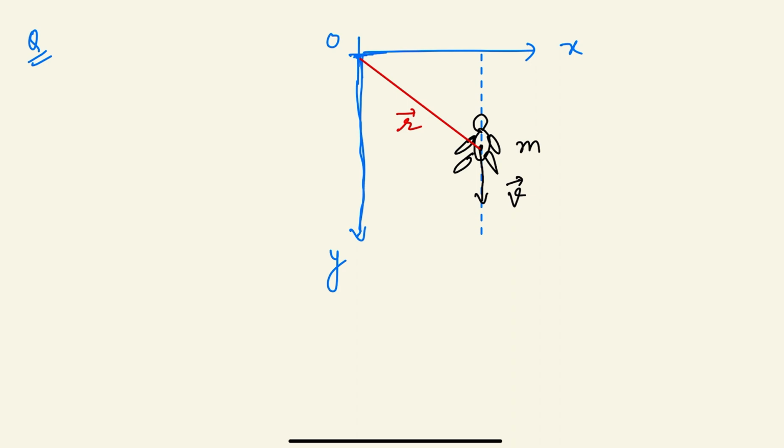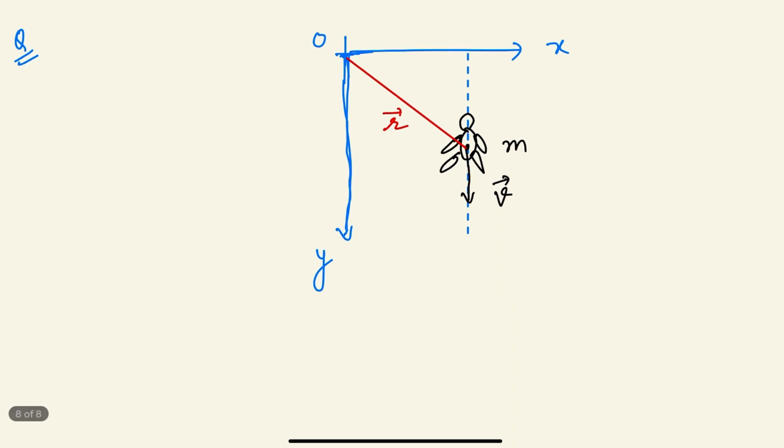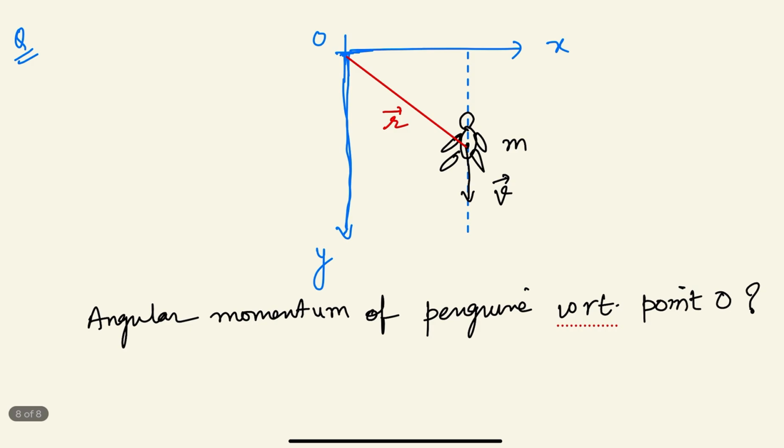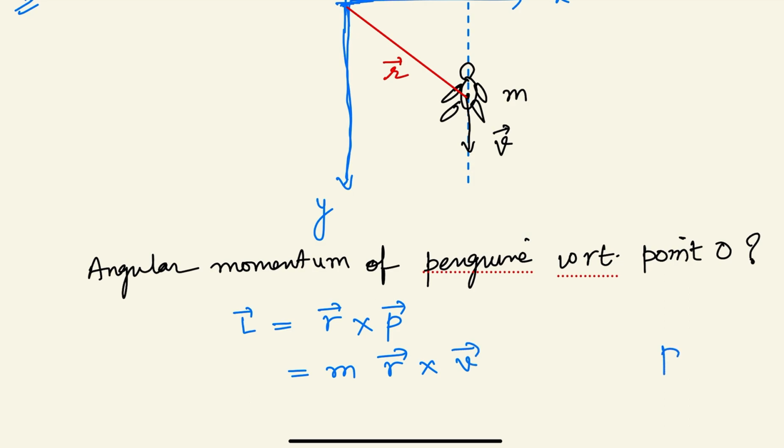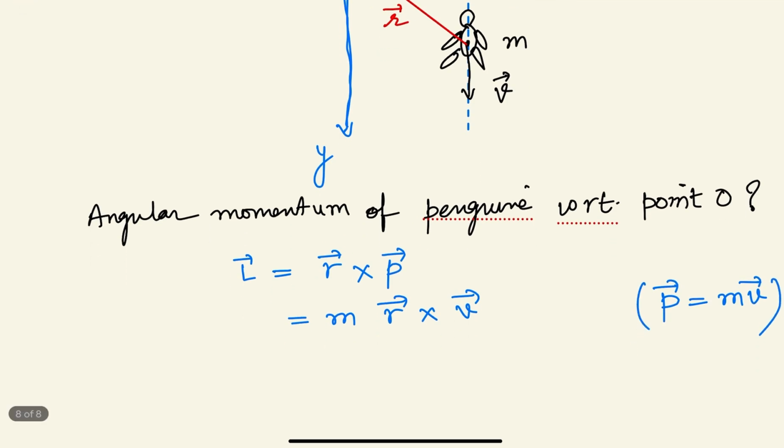Now we have to calculate the angular momentum of this penguin with respect to point O. As we have defined, angular momentum is r cross p, which can also be written as m r cross v, because p vector is equal to m times v vector.